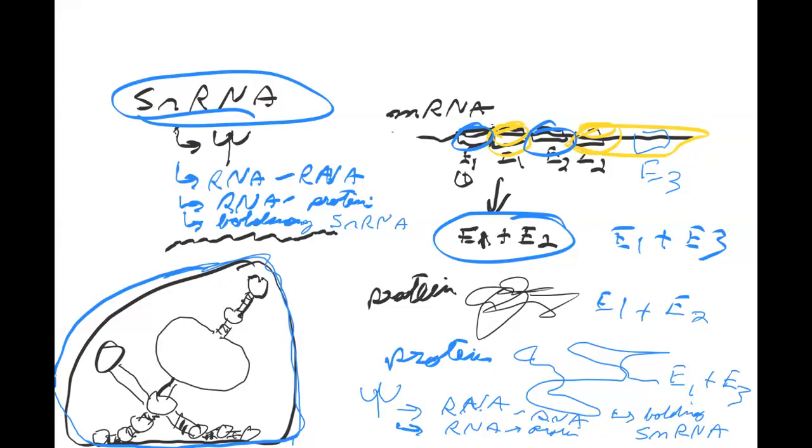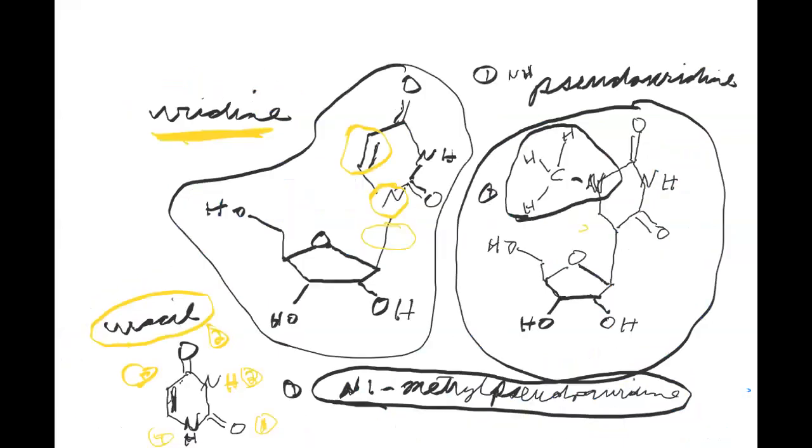Okay, so now in this video, I went through the structure of uridine, uracil, and how the pseudouridine has an NH at this area, but that hydrogen leaves, and then there's a methyl group that's added for the methyl pseudouridine that's used in the messenger RNA platform.